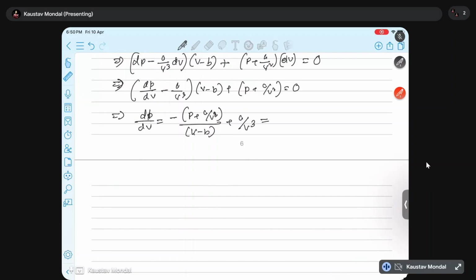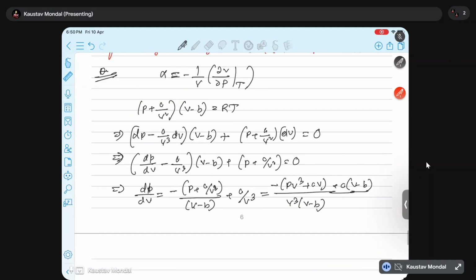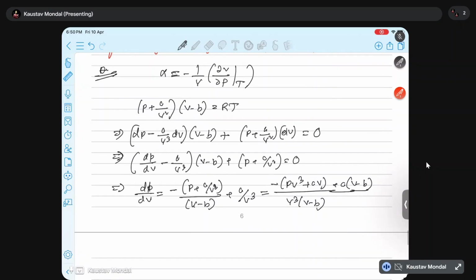If you further simplify it, it will become the expression of dP by dV at constant temperature.